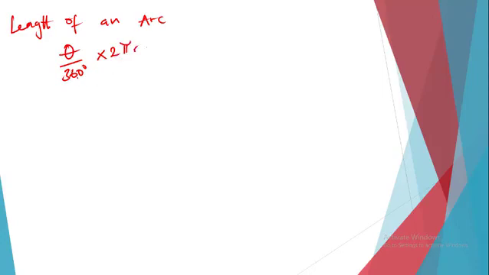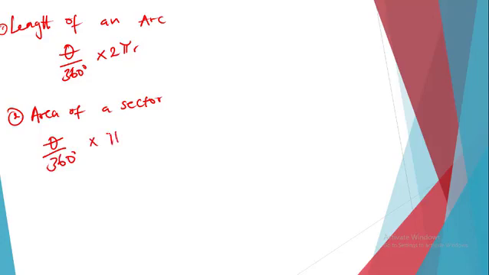Okay, this is the formula we use in finding the length of an arc. Then secondly, if you're asked to find the area of a sector, it's given as theta over 360 degree times pi r squared.